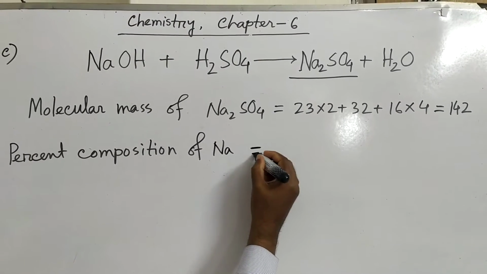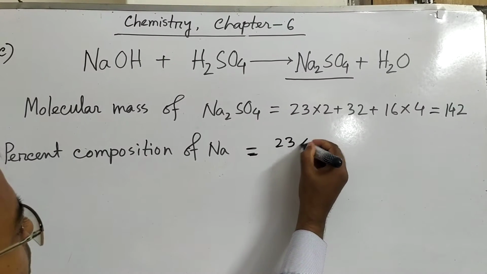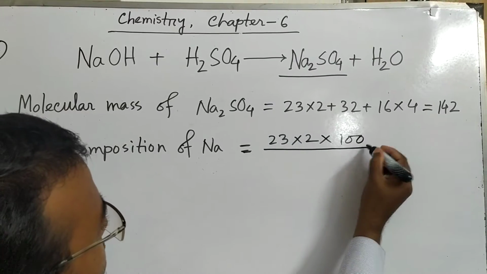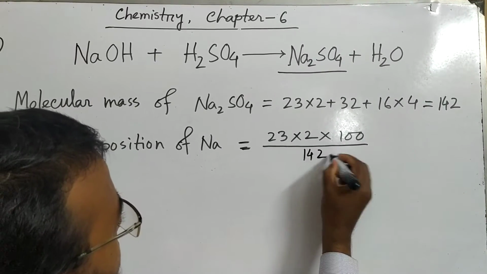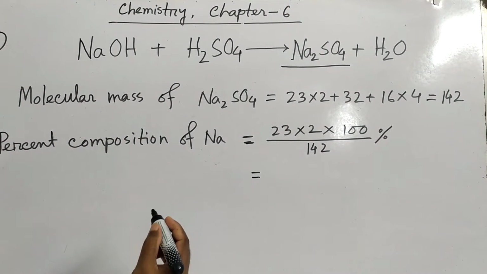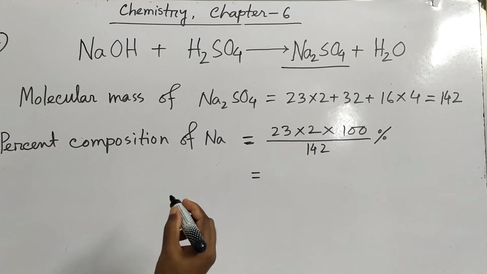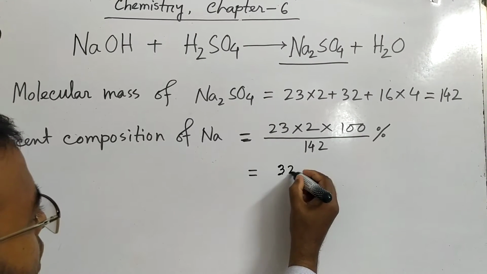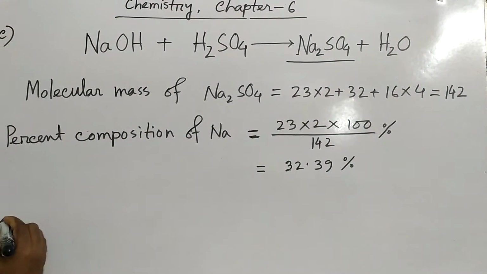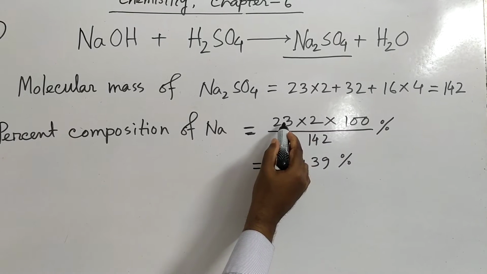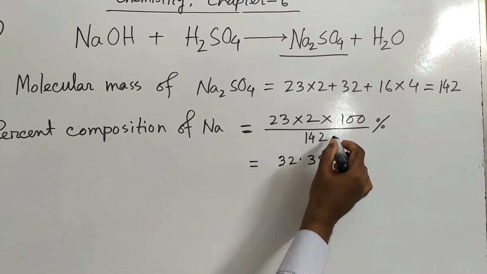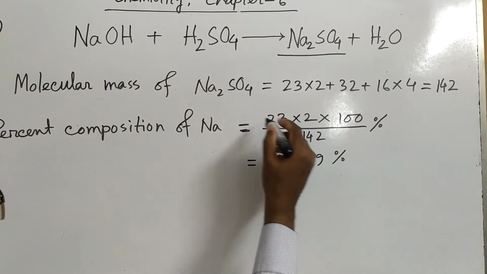So here atomic mass of sodium is 23, number of atom is 2, then we have to multiply it by 100, then divide by molecular mass 142, then it is %. Again by using calculator, it will be 32.39%. Okay, now next one. So I think everybody know the formula: atomic mass, number of atoms into 100 divided by molecular mass. It is the formula of % composition.